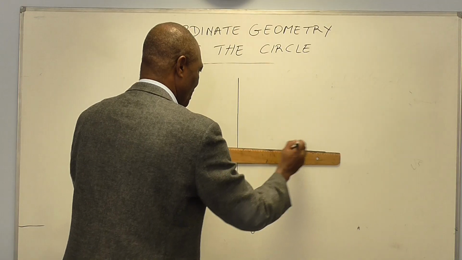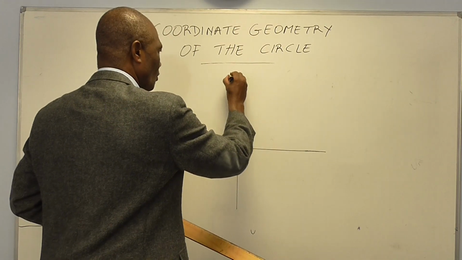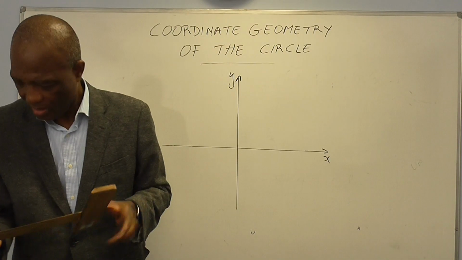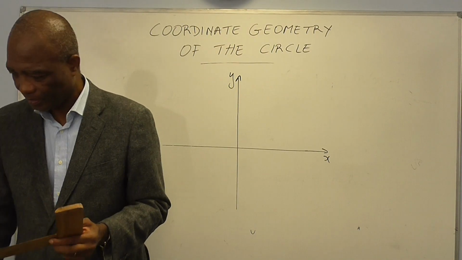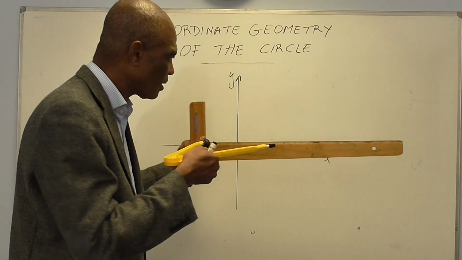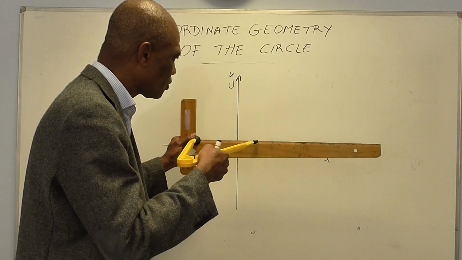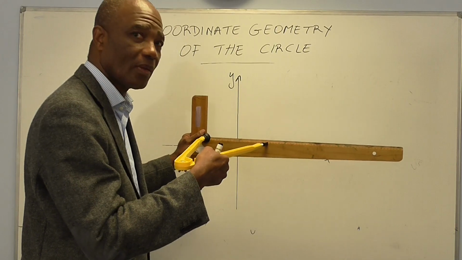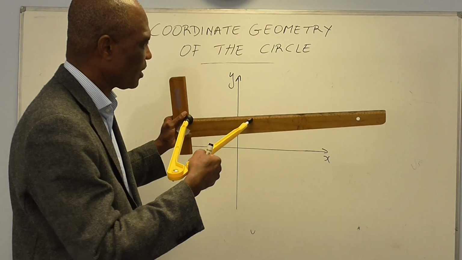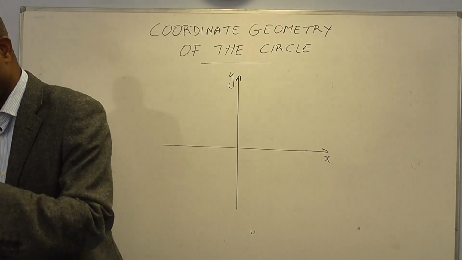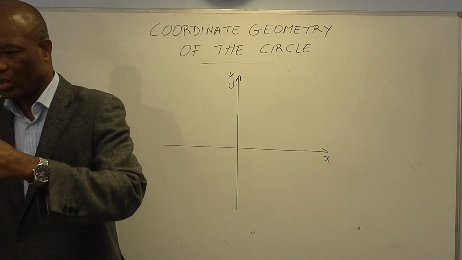So I have there y, x, and if I measure 22 centimeter, it is nearly there. Okay, if I measure, it's there. Now, 22 centimeter.